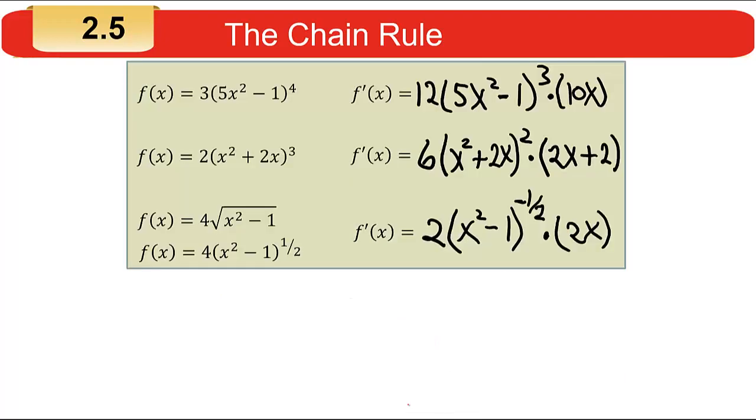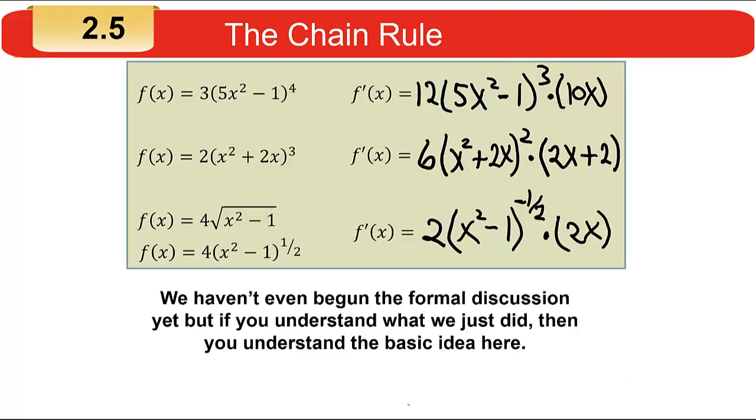So looking at those 3 examples and realizing that we've figured out what we think the pattern is, let's go into the formalities, because we haven't even started the formal discussion of this yet. But if you understand what we did here, you're well on your way to understanding what we're going to call the chain rule. So let's go through the formalities now.